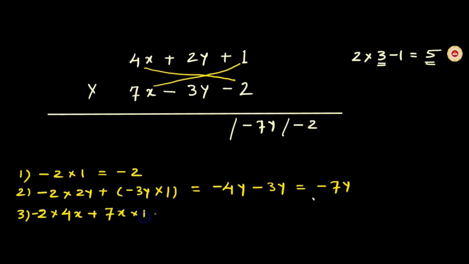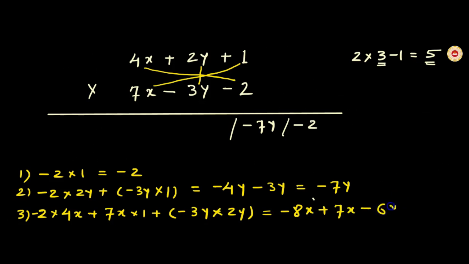7x multiplied by 1 plus, now middle column, multiplying the terms in the middle column vertically, minus 3y multiplied by 2y, which is equal to minus 2 multiplied by 4x, minus 8x plus 7x multiplied by 1 is 7x, minus 3y multiplied by 2y, 3 2s are 6, minus 6y square.